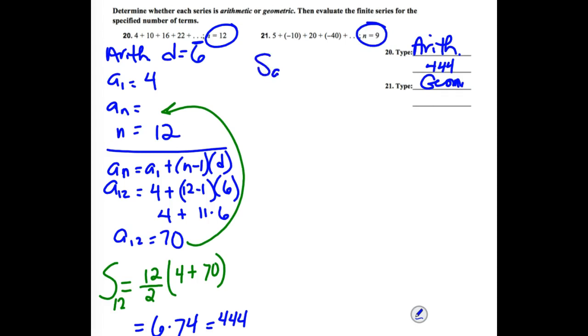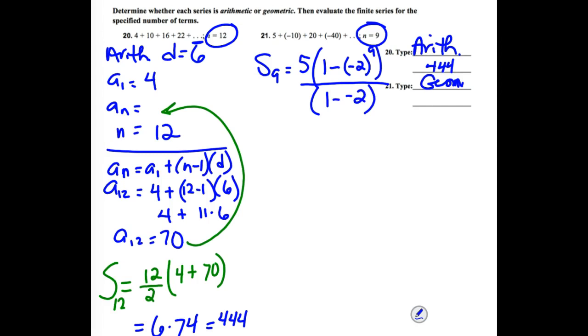So in our formula, we need our first term, which is 5, times 1 minus the r value. What is r in this case? Negative 2. We're multiplying by negative 2 each time. Our power is 9. And then we have 1 minus r in the denominator as well.